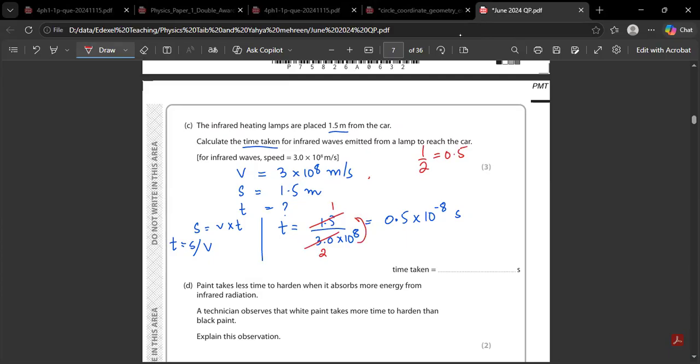And then I have flipped this 10 to the power 8, so it becomes 10 to the power minus 8. So I have done it without the calculator. You can get the value with the calculator, and you can also get 5 times 10 to the power minus 9, okay? Yeah, 5 times 10 to the power minus 9. Marin, is this clear to you as well? Either you can write 5 times 10 to the power minus 9, or you can also write 0.5 into 10 to the power minus 8, right? That's the same thing.